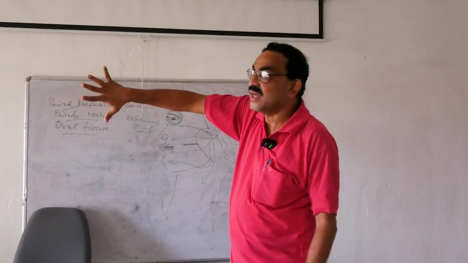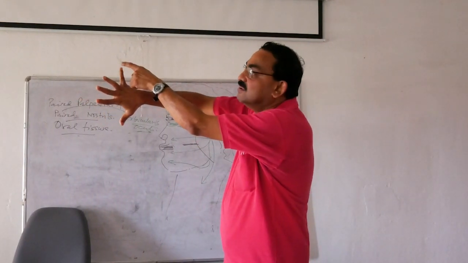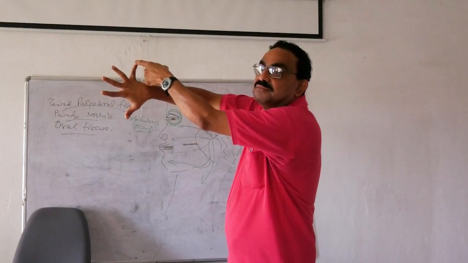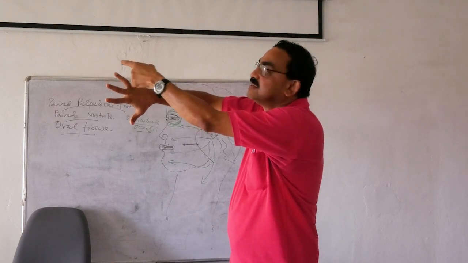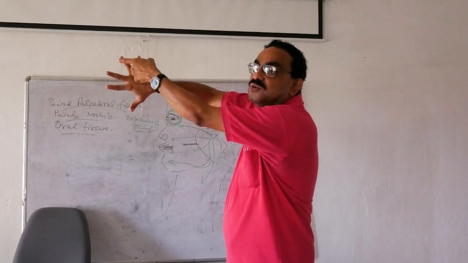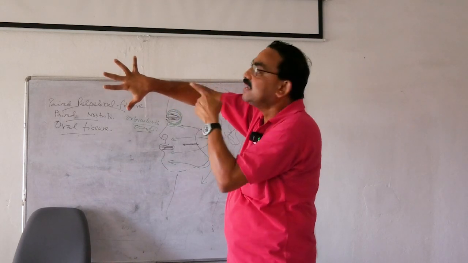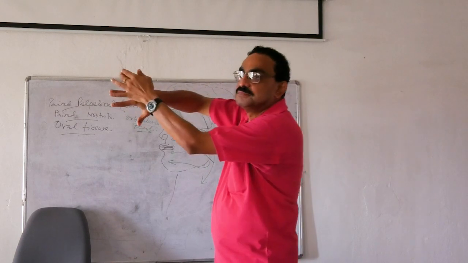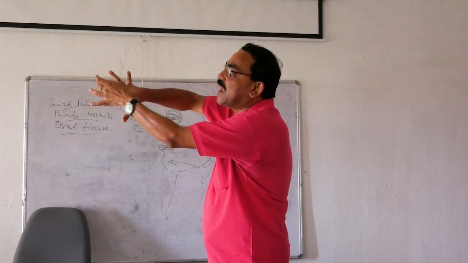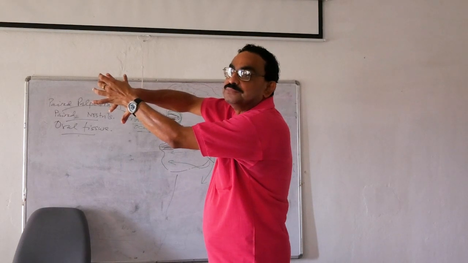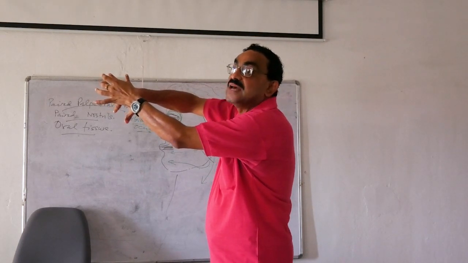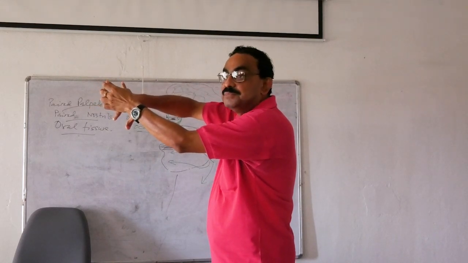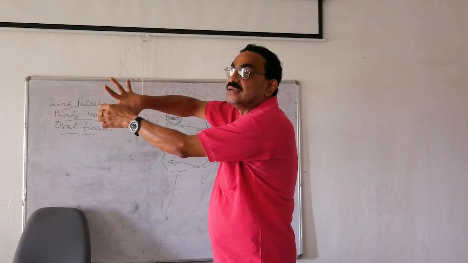On the left side, just imagine, the first branch is going towards the temporal region, the temporal branch. Second branch is going towards the zygomatic area. Third branch is the buccal branch, which has a superficial and a deep branch. Deep branch again has upper and lower buccal branches.